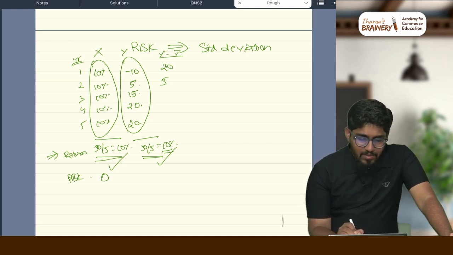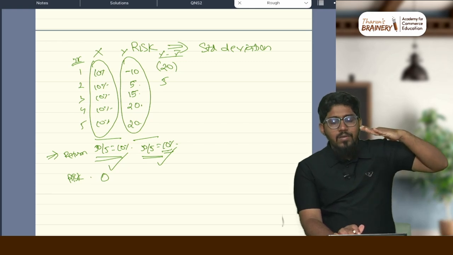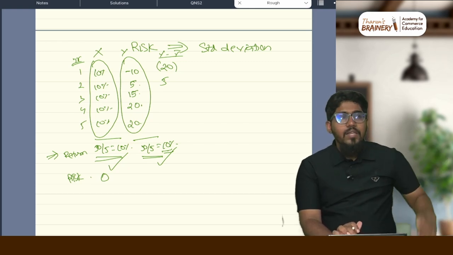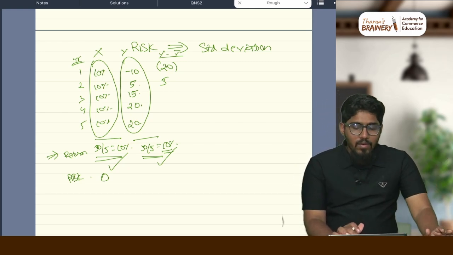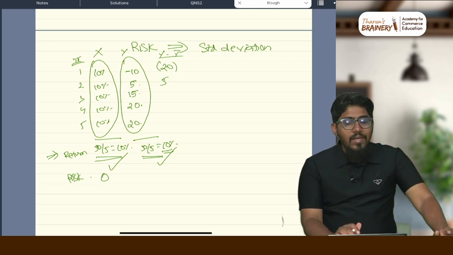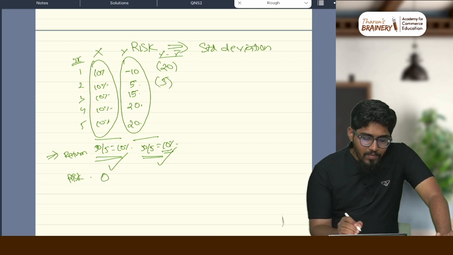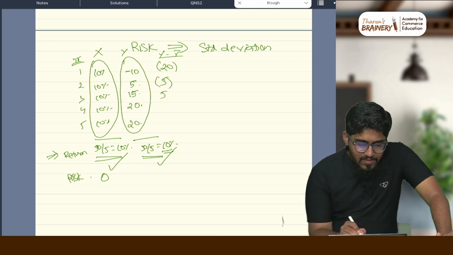My mean is 10, and from the average I am deviating by 20, so I got 20% less. My return is 5, so I am deviating by 5, which is 5 negative.